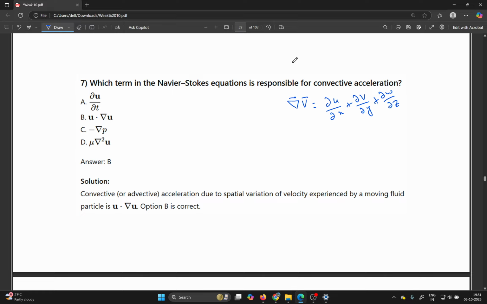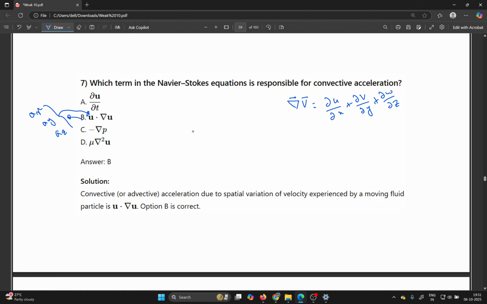But in vector calculus we write all three equations, that is the x direction acceleration, y direction acceleration and z direction acceleration, in only a single term.